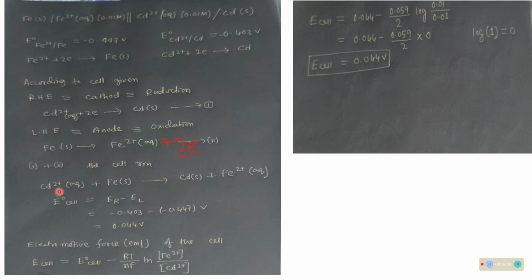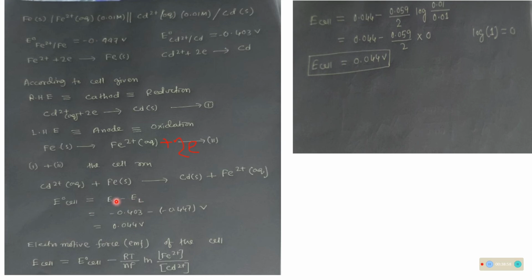So Cd2+ transforms into cadmium solid and Fe solid transforms into Fe2+ ion. According to the given cell, the cell reaction is like that. And for that cell, E0 cell, the standard reduction potential, is equal to E right minus E left.